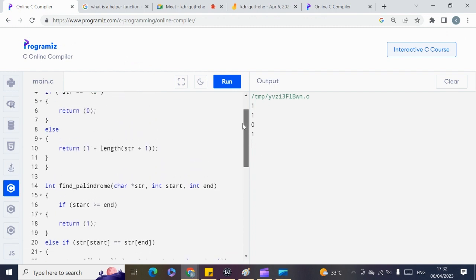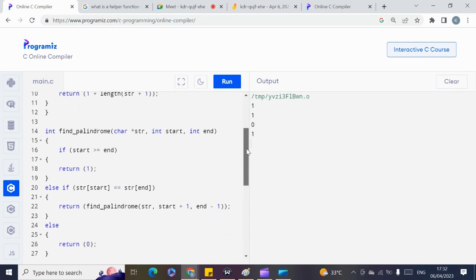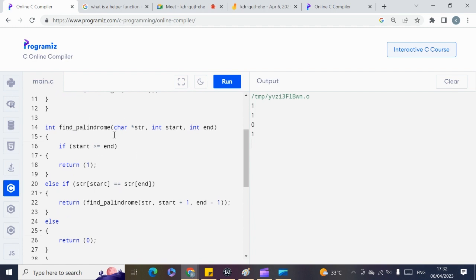So this part is the string length, and then this part is the find palindrome function. With this, I had three arguments: the string pointer, and then start and end.